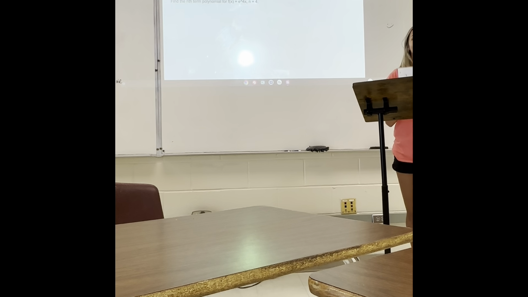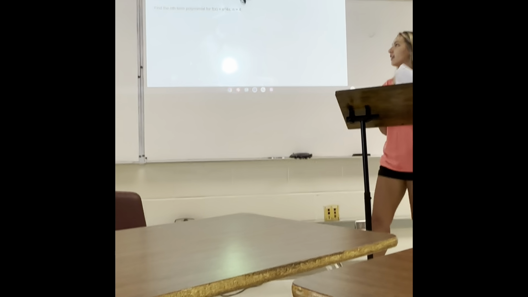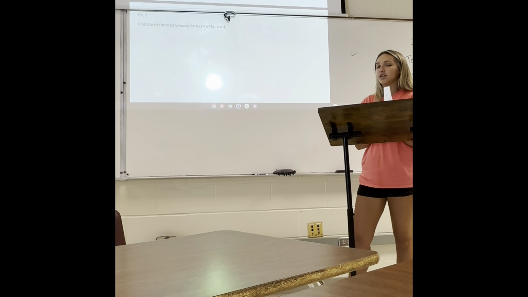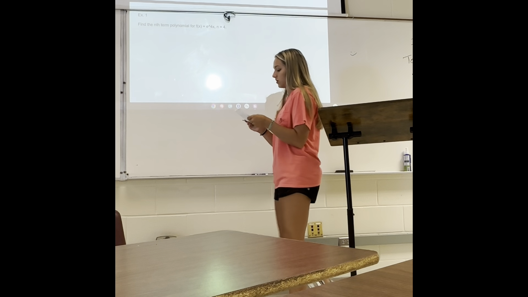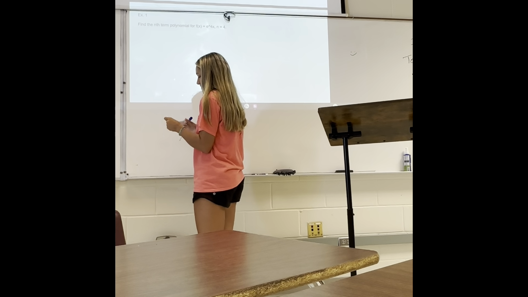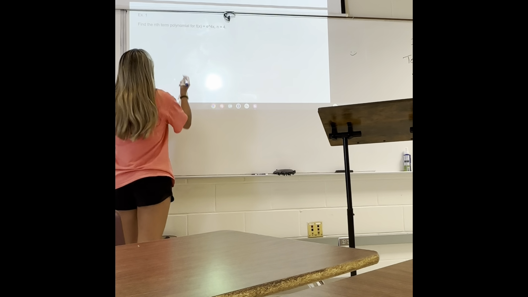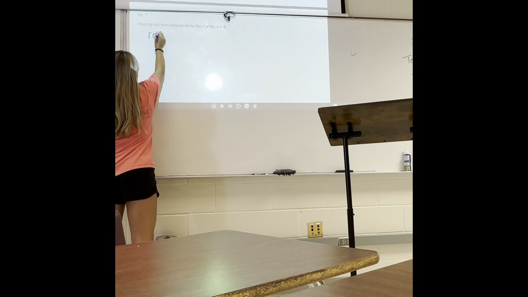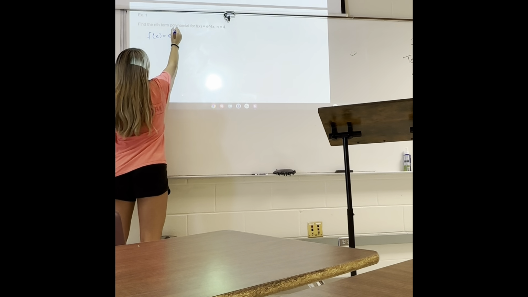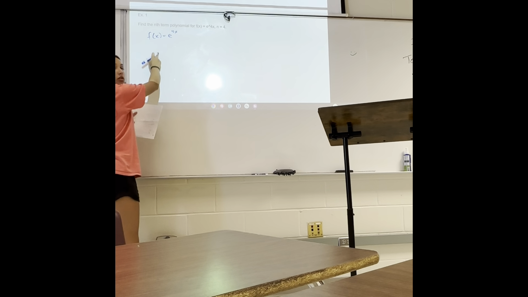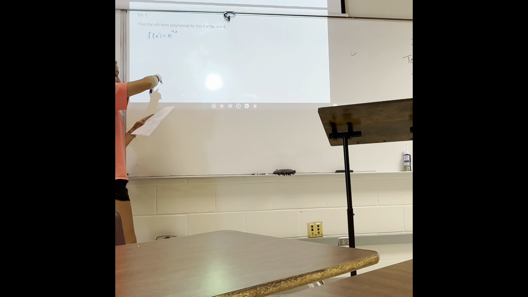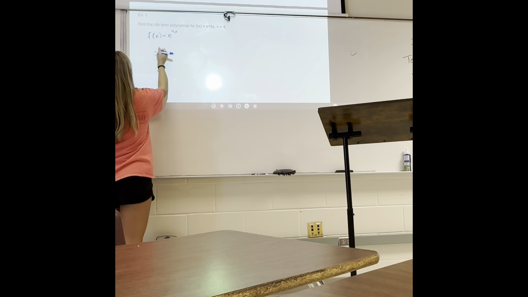Okay. For our next example, we're going to find the nth-degree polynomial for f of x equals e to the 4x, and we're going to find that to the fourth term. So e to the 4x is our original function, and now we're going to take up to the fourth derivative.